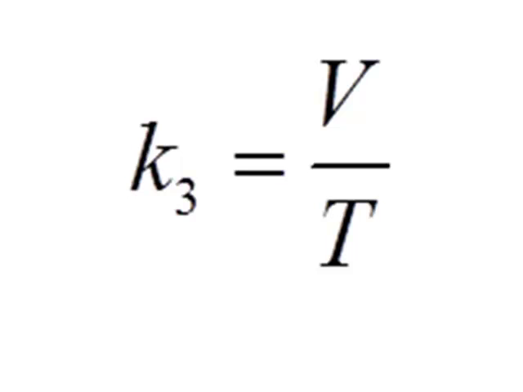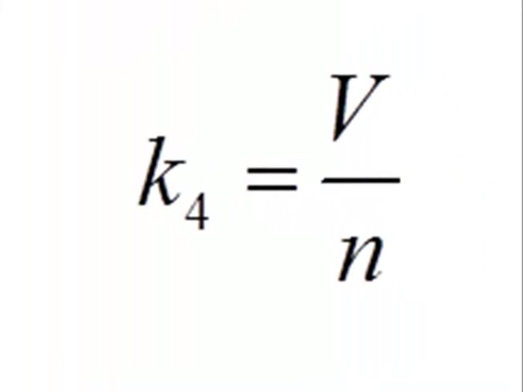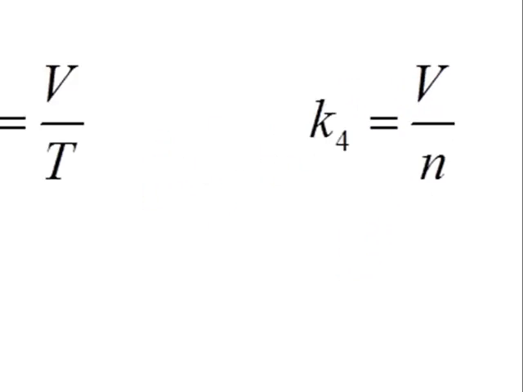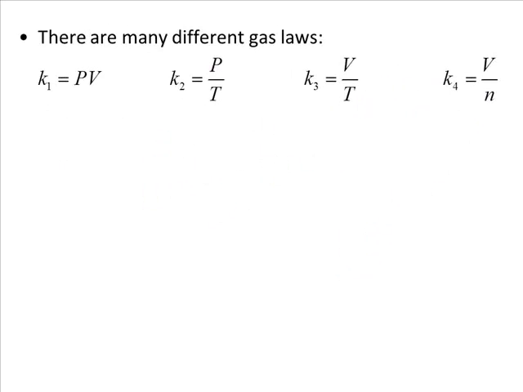In fact, your book even includes another law called Avogadro's law, which, as you might expect, relates the number of moles, in other words, a relationship to the amount of gas, to the volume of that gas. The downside here is that each one of these relationships is separate from each other. And in fact, the constants that you would use to solve them mathematically would have to be experimentally determined separately from each other. Each one of those values of k would be different.